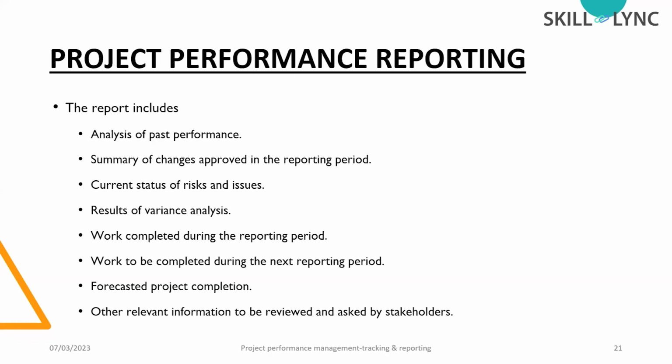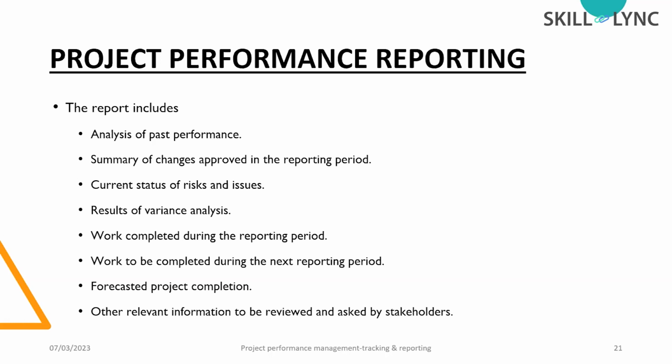After that, we will include the forecasted project completion: what is the forecasted outcome, or the forecasted date of completion? Then other relevant information to be reviewed and asked for by the stakeholder. Depending upon the company's profile or the stakeholder's nature, they will ask for other information as well, so we will include all those points in detail.